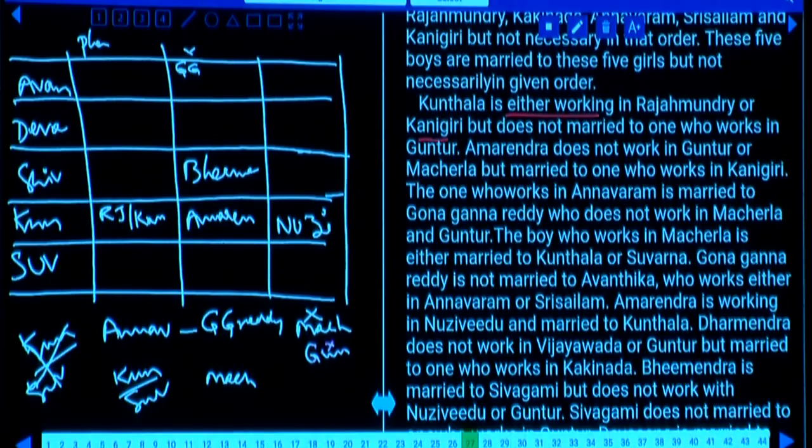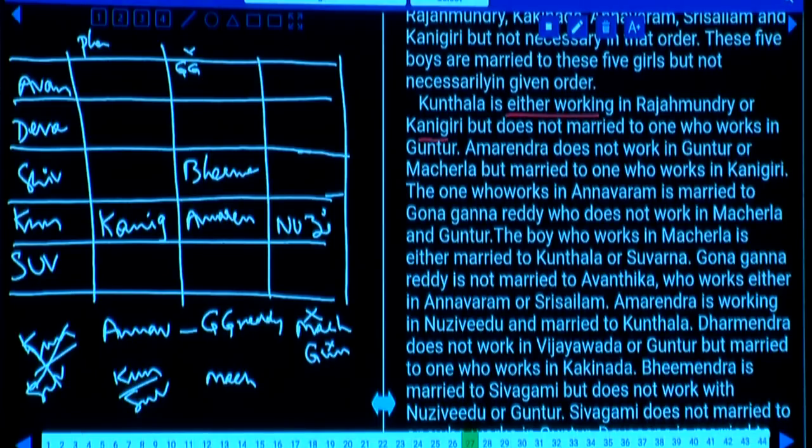Amarendra is married to the one who works in Kanigiri, so this Kuntala is working in Kanigiri. Amarendra is married to this Kuntala and is working in Nuzuveedu. Now this has been done.